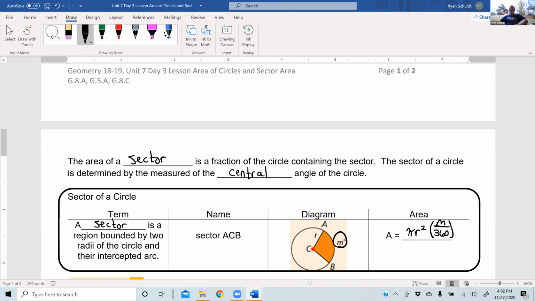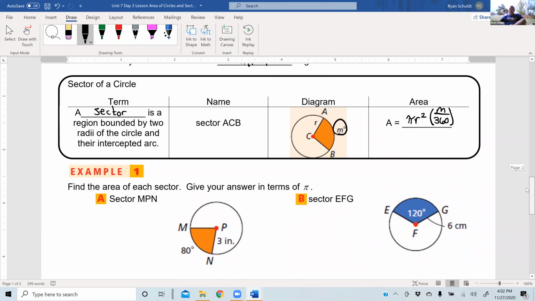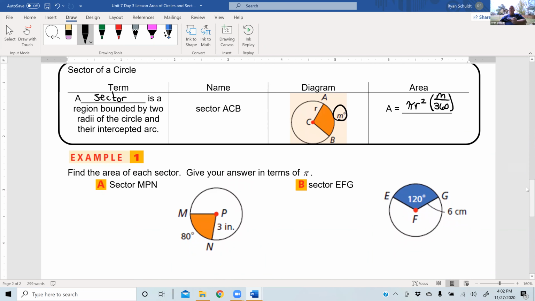So pi r squared times m over 360. That's the fraction of the circle I want, m over 360. Just remember that. It's the area of the circle times the fraction I want.